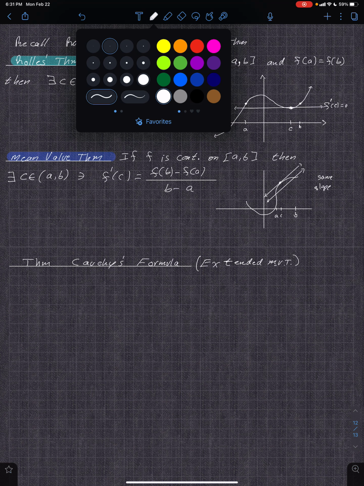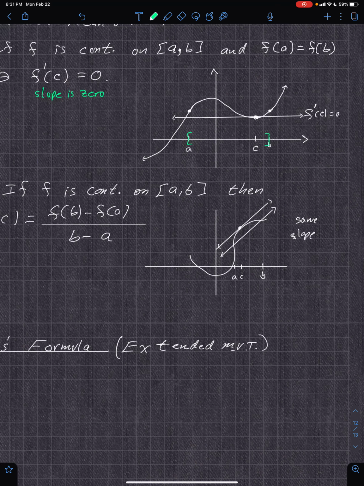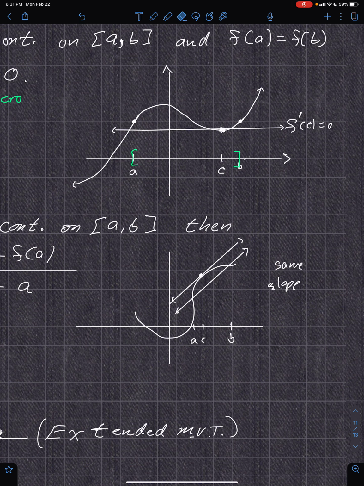And this basically means what? That means slope is 0. So this is implying that slope is 0 at some value of c. So if you take some curve, and I drew it so that the endpoints here at a and b are equal, so this value and this value at b, we can see that those are equal.